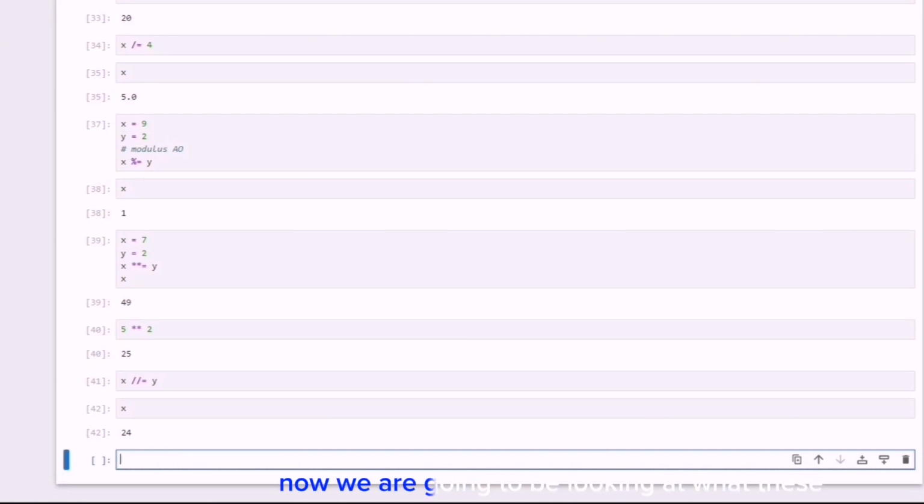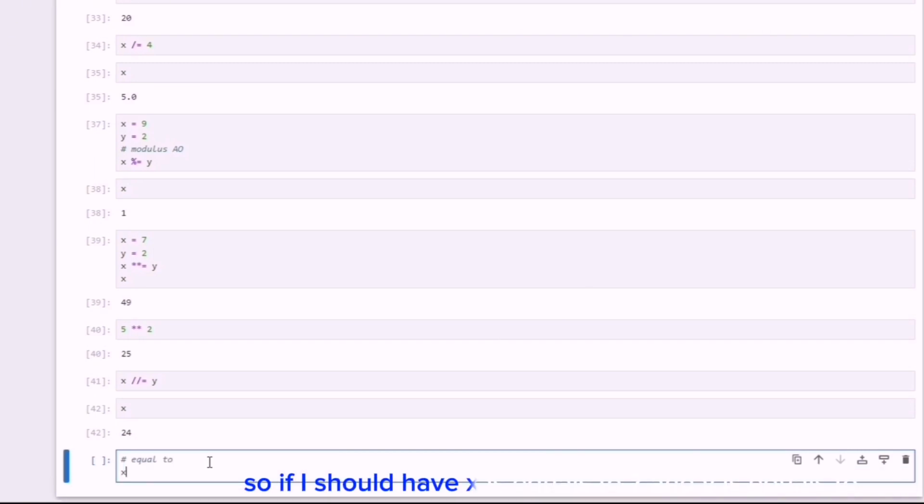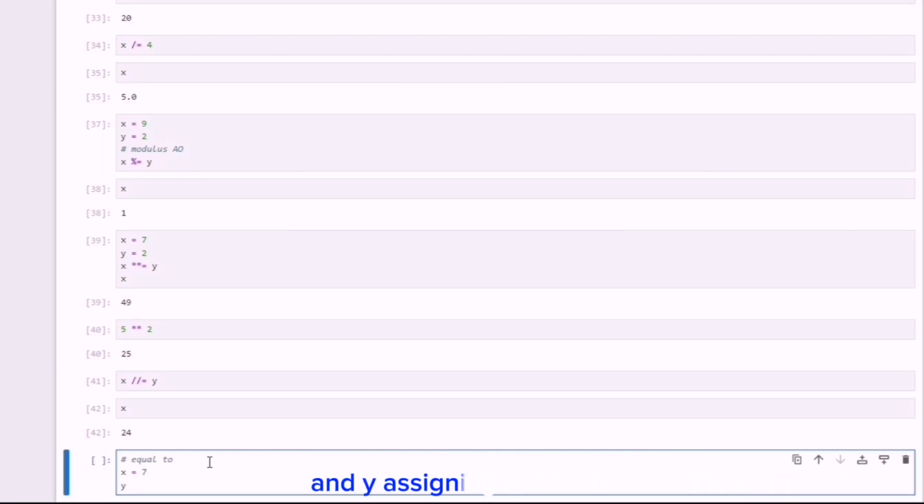So now we are going to be looking at what these operators are and how we use them for both variables and expressions. Now we have the first one, which is the equal to. If I have x is equals to 7 and y is equals to 9, that means I'm assigning 7 to x and 9 to y.